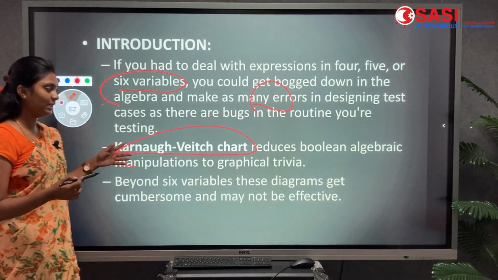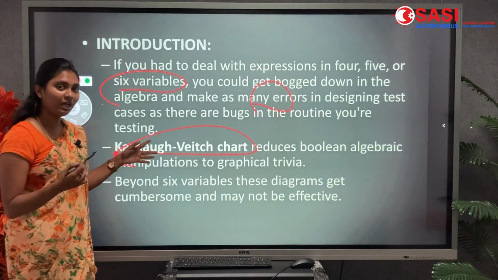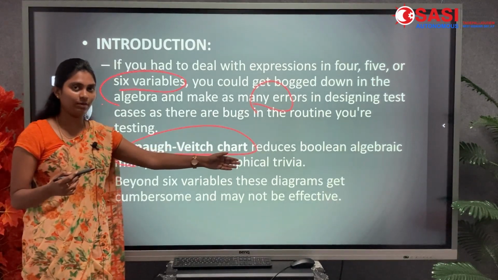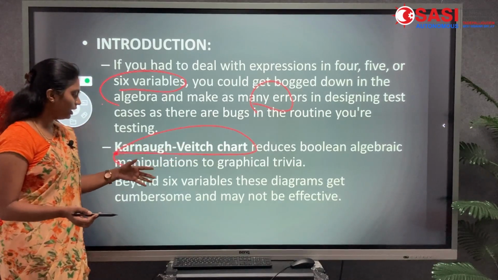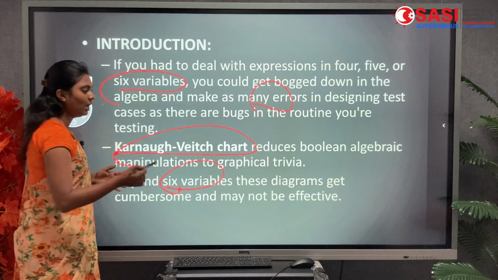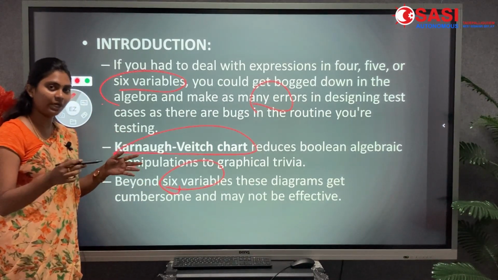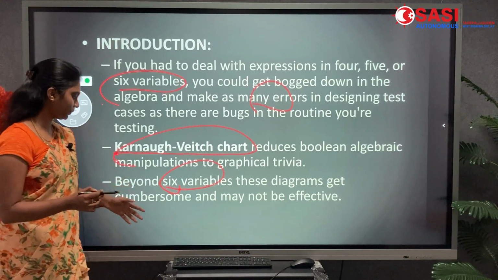Next, we also use the Karnaugh-Veitch graph to reduce the Boolean algebra. Third, we are using 6 variables, because we are dividing these variables into independent variables one by one, okay?